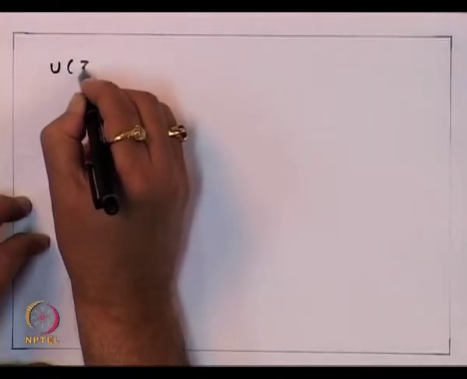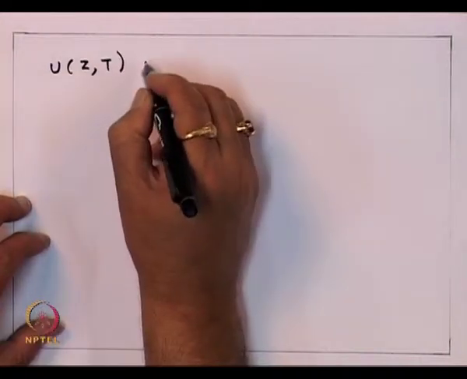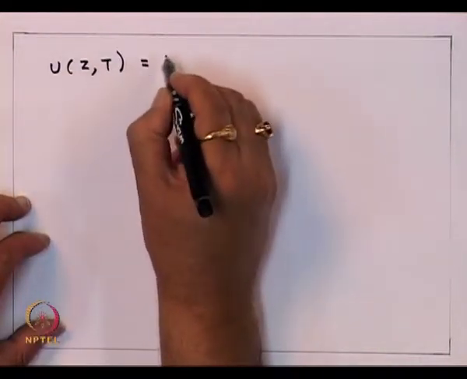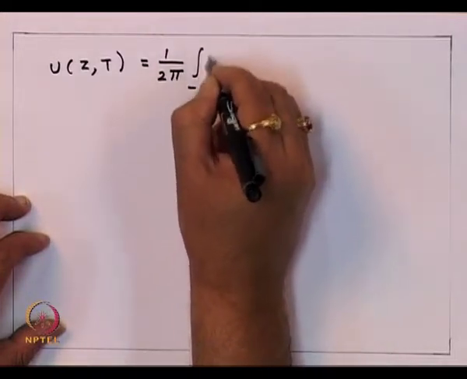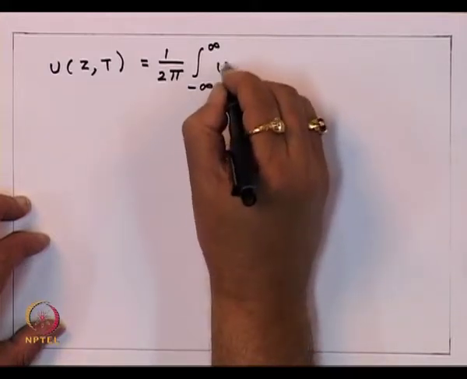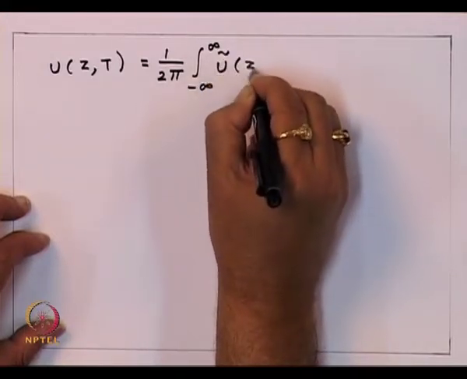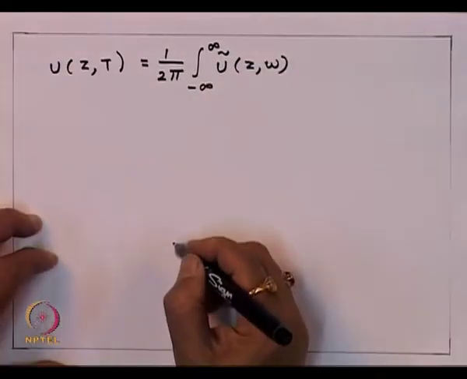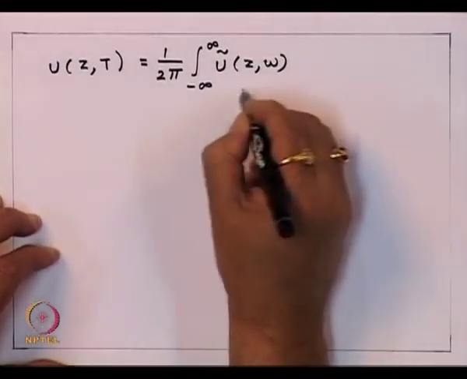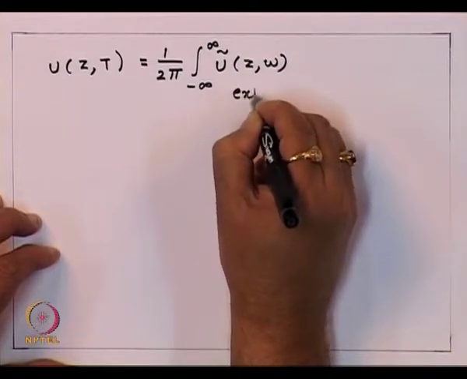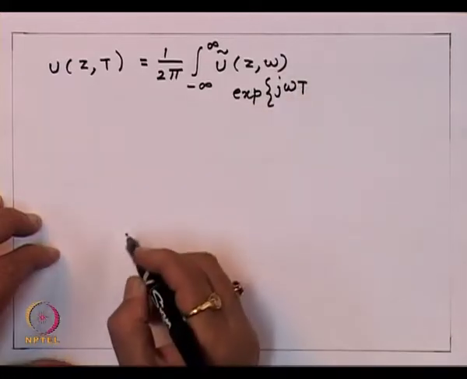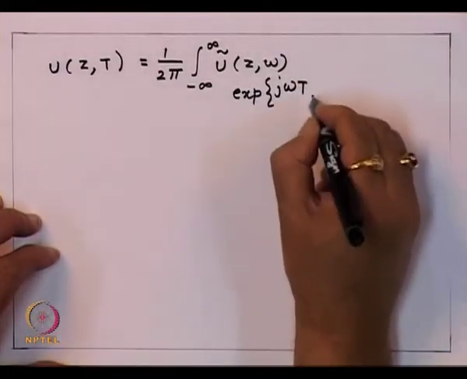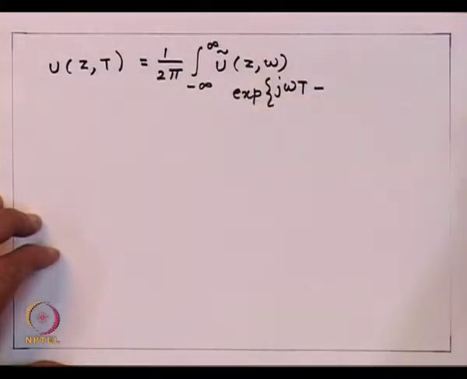So, u(z, t) is equal to 1 upon 2 pi, as we define the inverse Fourier transform, integral from minus infinity to infinity of u tilde(omega) multiplied by e to the power j omega t, the Fourier inverse term, plus the phase term which is coming in the solution as we got here, this term.